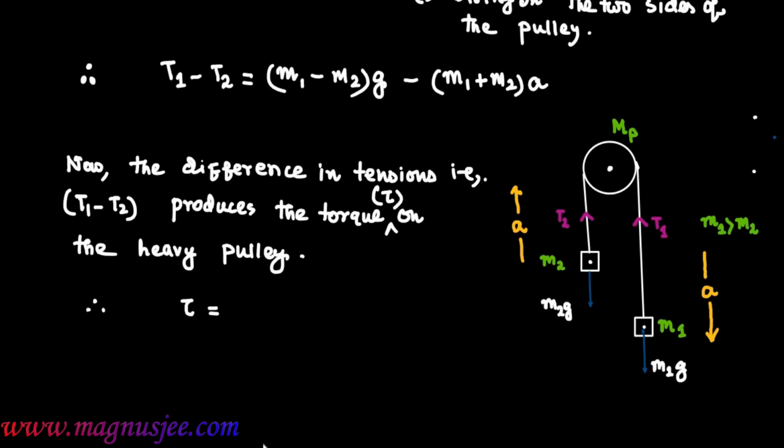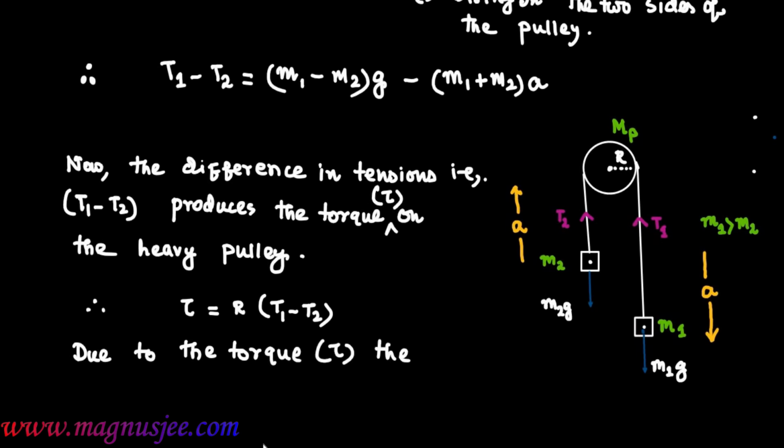Therefore, the torque acting on the pulley is tau, and here r is the radius of the pulley. Torque is the product of perpendicular distance and the force. That's why tau equals r times (T1 minus T2). Here T1 minus T2 is the force.